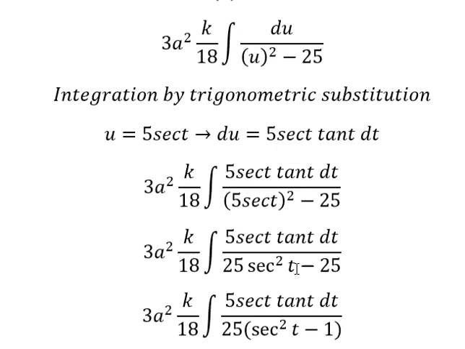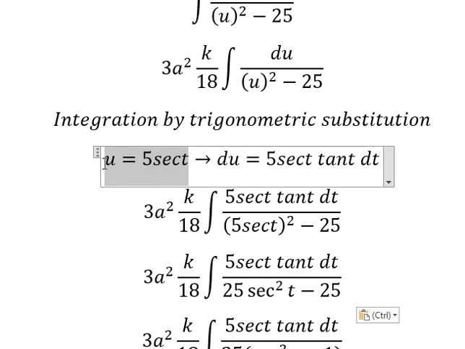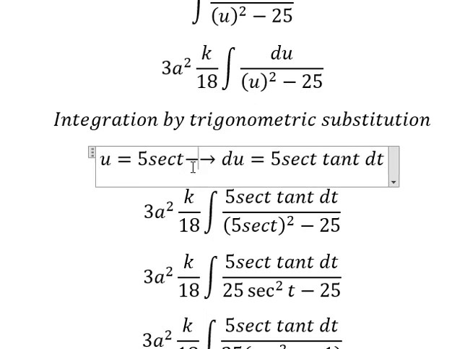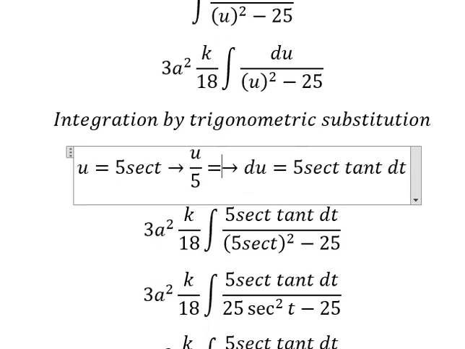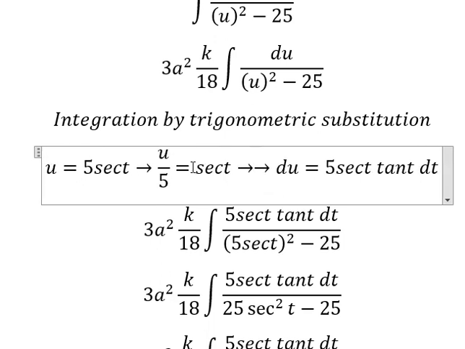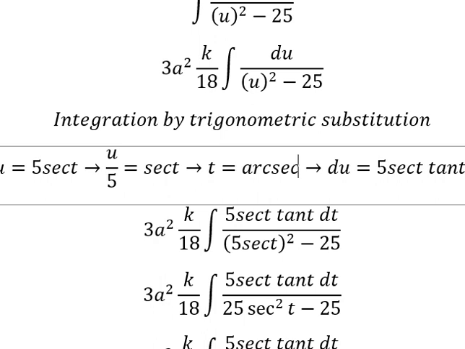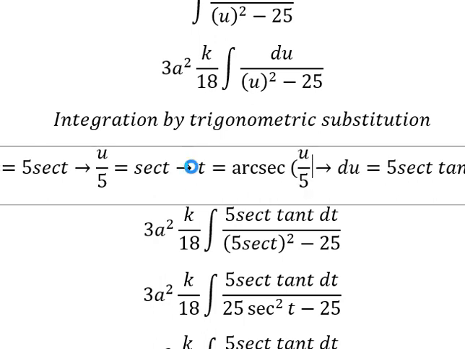About t, that is this one. So we need to divide both sides by number 5. And then we get t equals to secant inverse of u over 5.